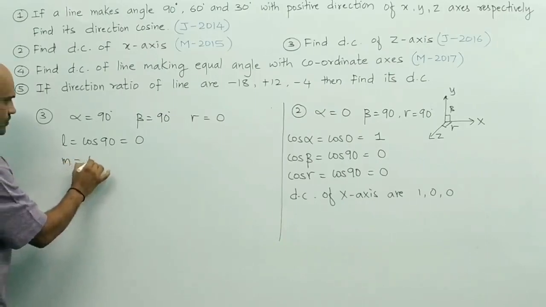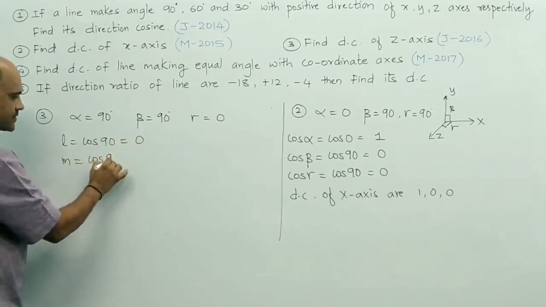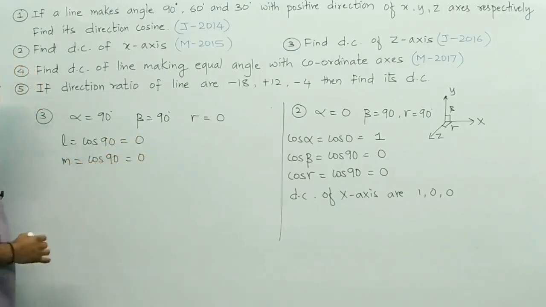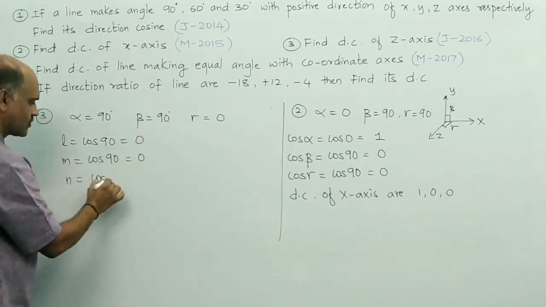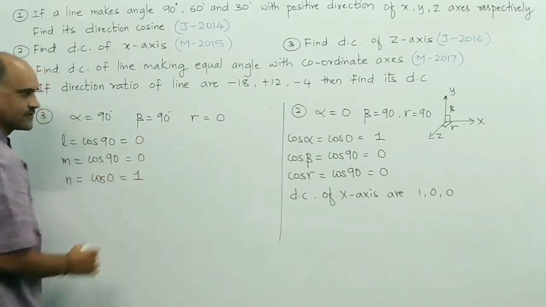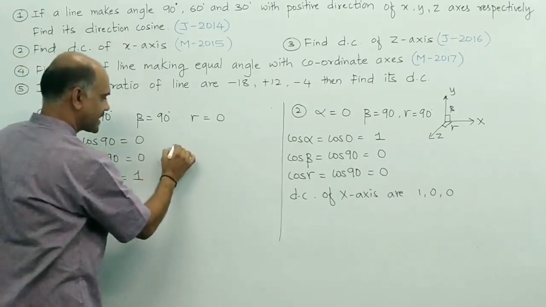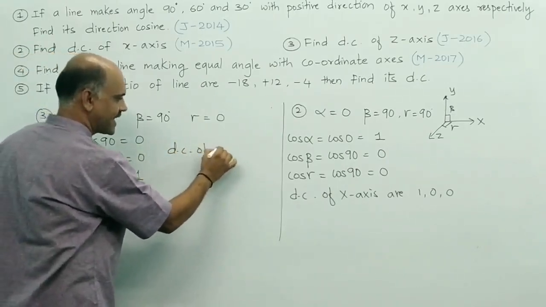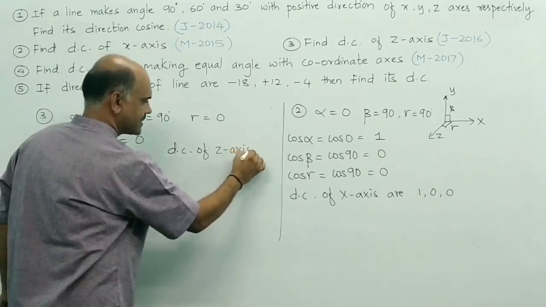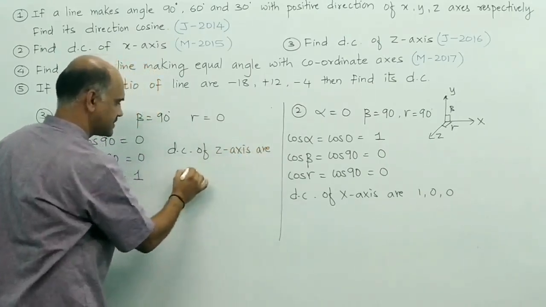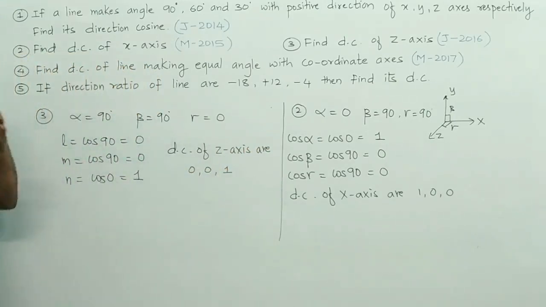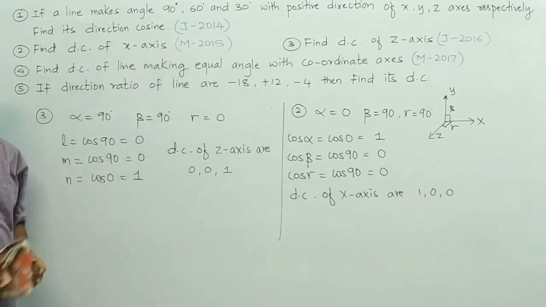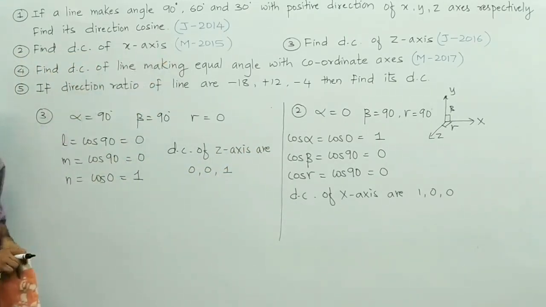M is equal to cos beta, that is cos 90, again 0. N is equal to cos gamma, cos 0. Cos 0 is 1. So the direction cosines of the z-axis are 0, 0, 1. Clear, students? Direction cosines of the z-axis are 0, 0, 1.